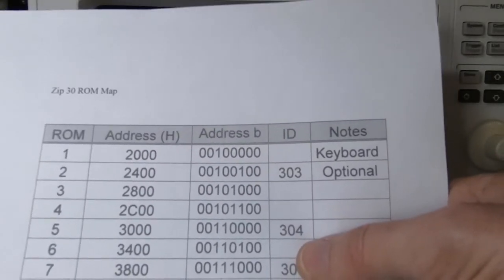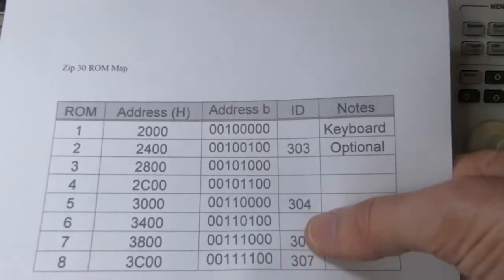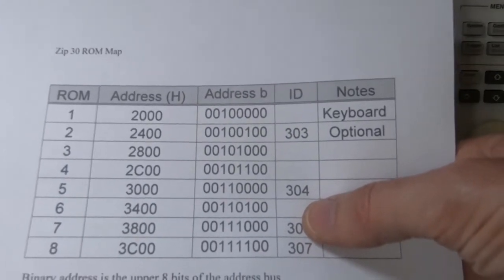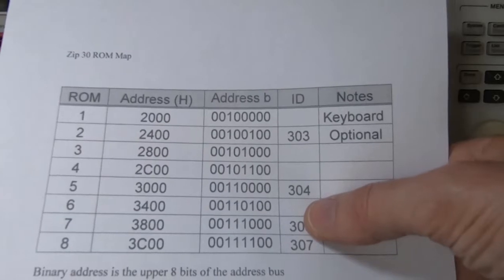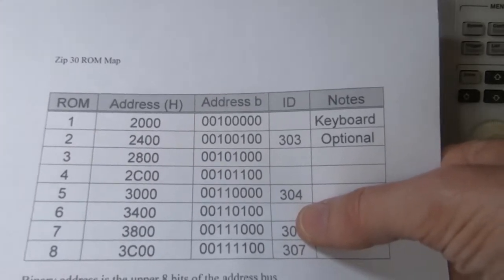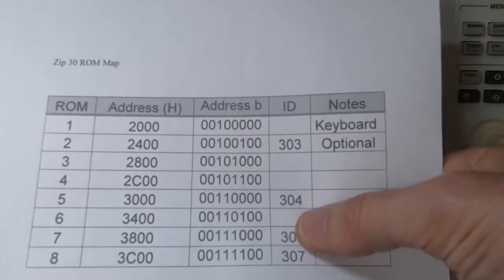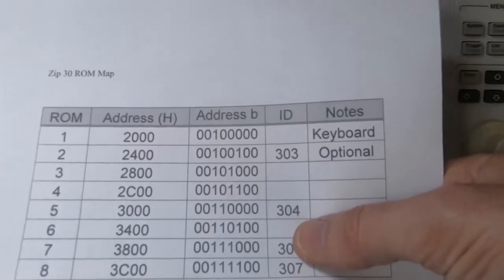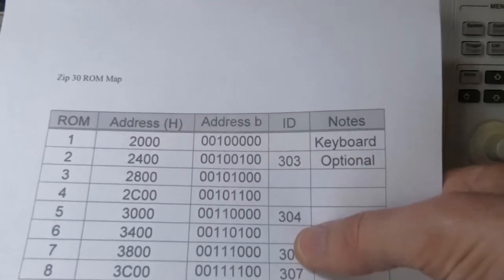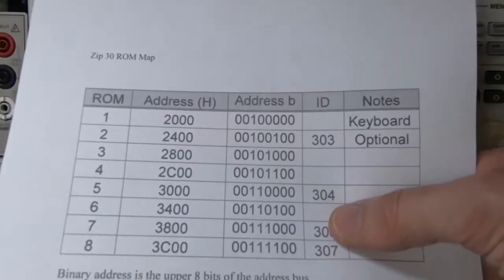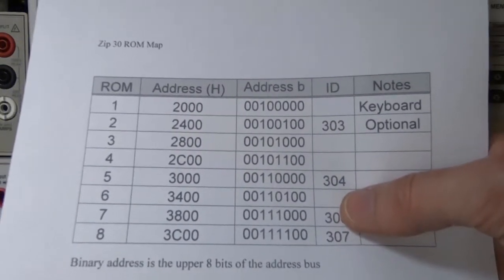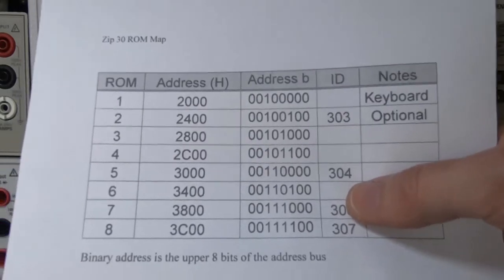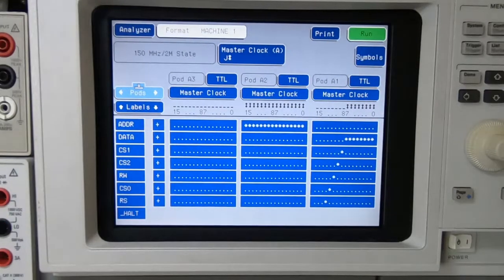These are 1K ROMs, so each ROM occupies 400 hex, and it was just a matter of figuring out where that first byte was in the first ROM, and then it was easy to calculate the remaining table. So once I had that, I could reverse compile the code I'd read from the ROMs, and then we ended up with the raw list file.